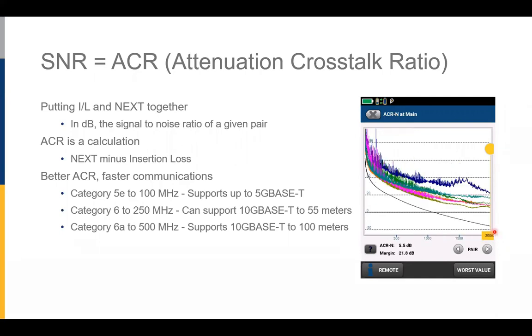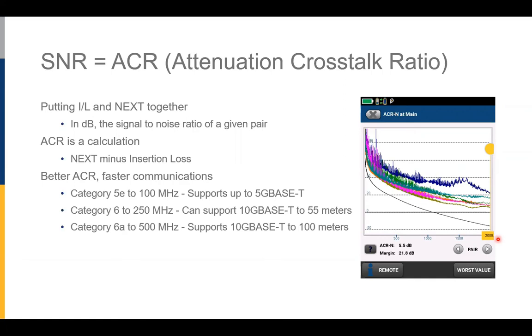All right. Oh, and did I forget to mention category 8? There is a category 8. Category 8 goes all the way out to 2 gigahertz. But as you recall from our impedance, our insertion loss study, as we increase the frequency, we have less signal strength.